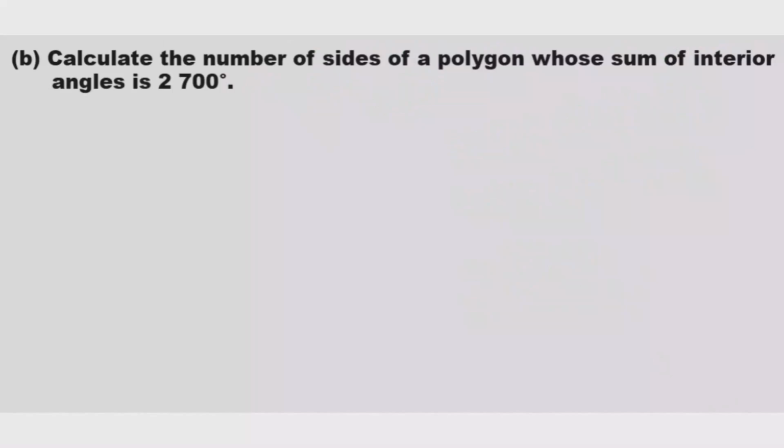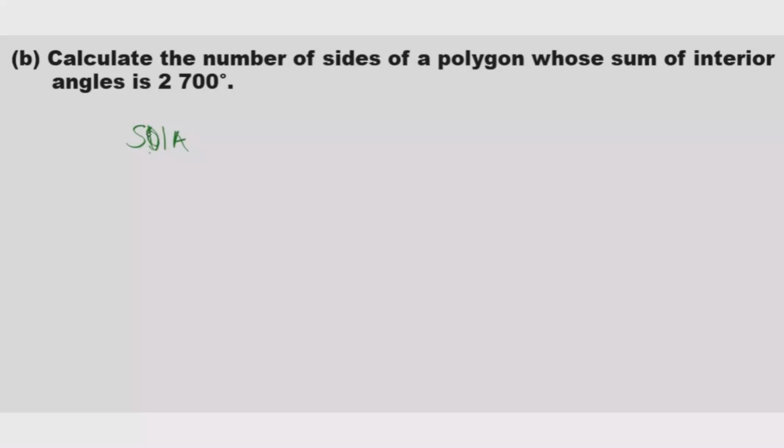Question 8b was: calculate the number of sides of a polygon whose sum of interior angles is 2700 degrees. Okay, so to find the number of sides of this polygon, we're going to use the formula, sum of interior angles.